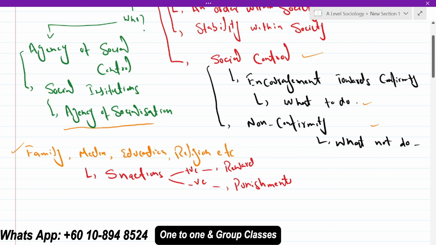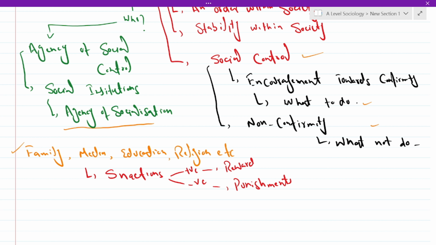Now, all these institutions will encourage you through positive sanctions. For example, the family wants to encourage a particular behavior. If you get an A grade in sociology, your family will give you a mobile as a gift. That is a positive sanction.